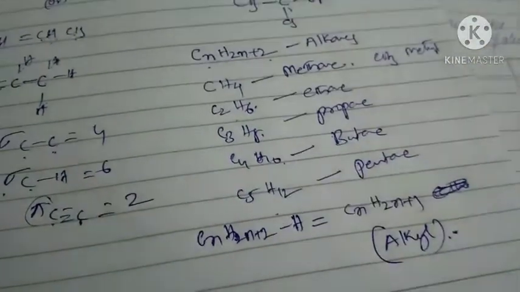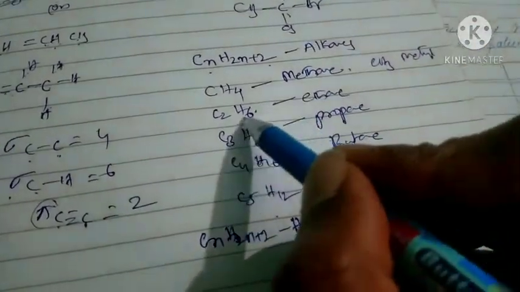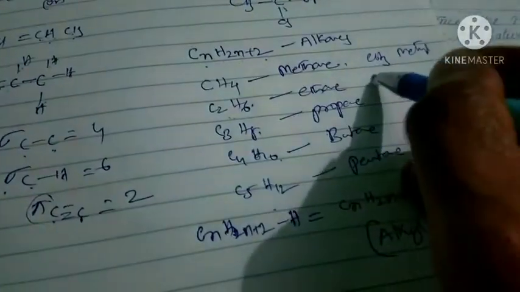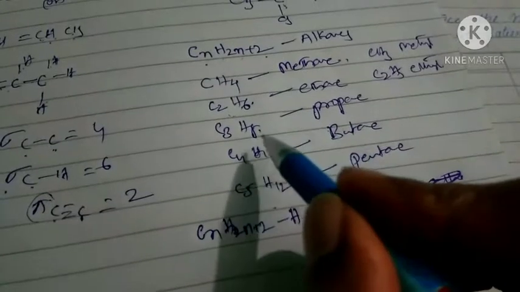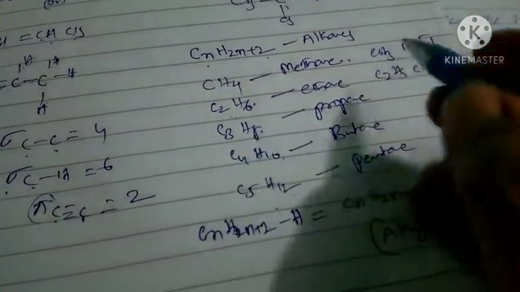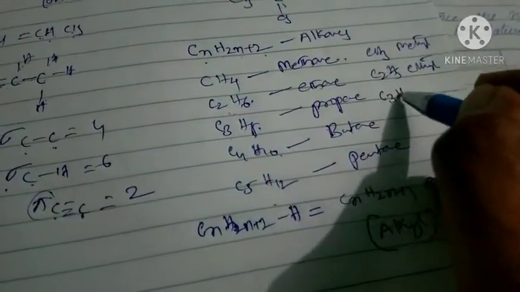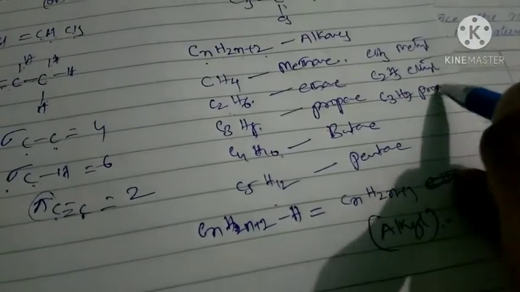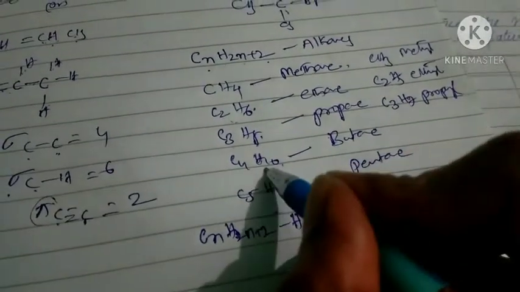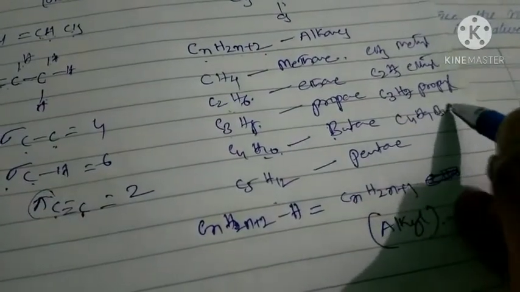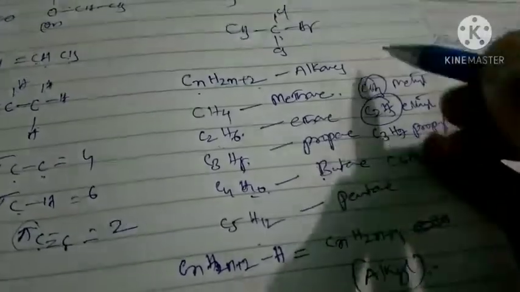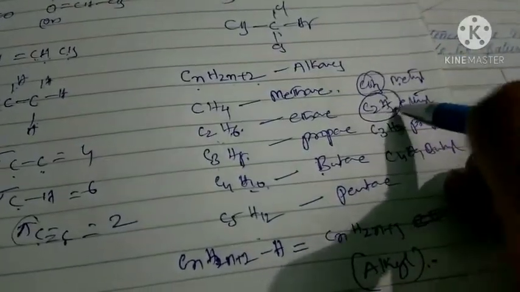If you remove one hydrogen from ethane, then we get C2H5, that is called ethyl. If you remove one hydrogen from C3H8, you get C3H7, that is called propyl. If you remove one hydrogen from butane, you get C4H9, that is called butyl. Mostly we get these two in organic compounds: methyl and ethyl.